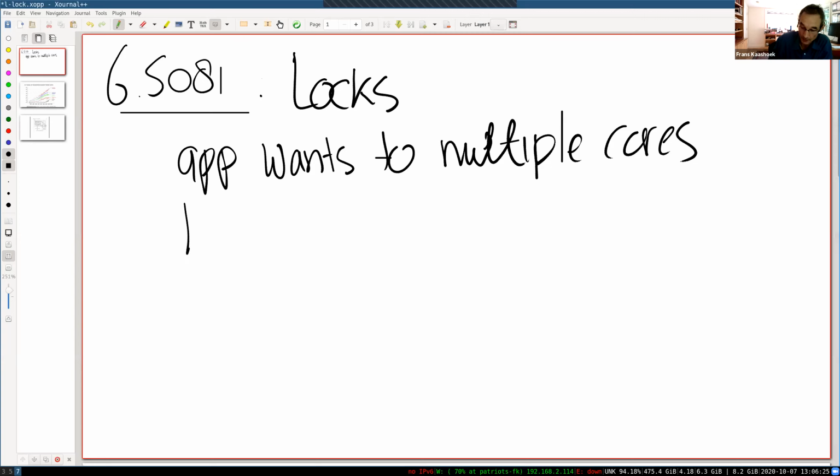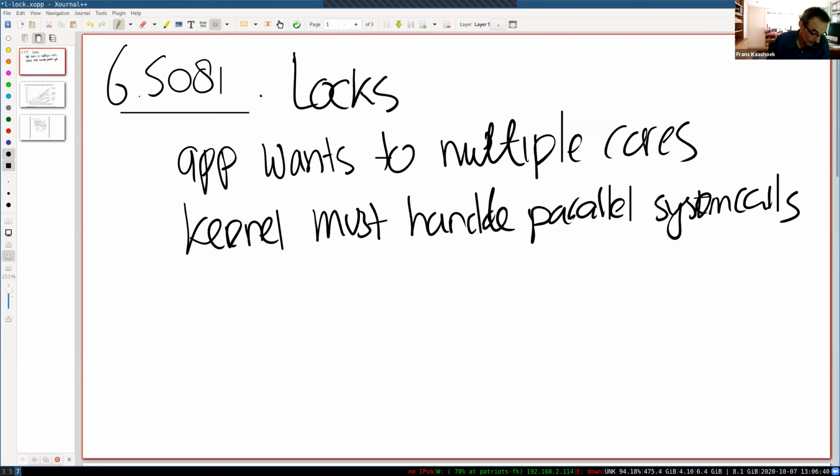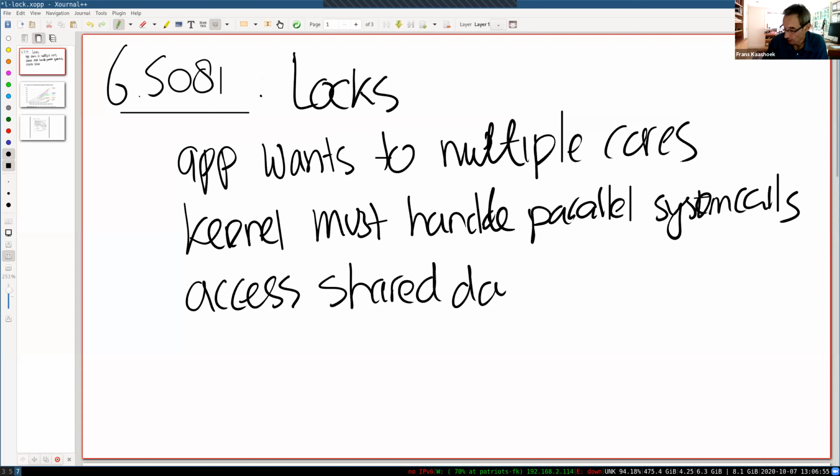And so the kernel must be able to handle parallel system calls. And that means that, if these system calls run in parallel on different cores, they may actually access shared data structures in parallel.